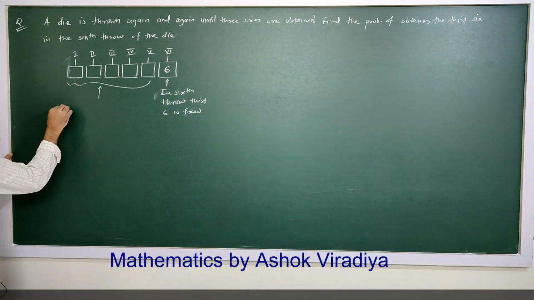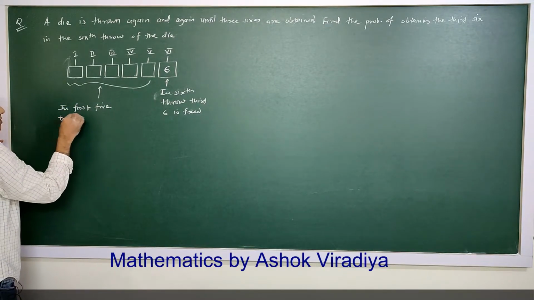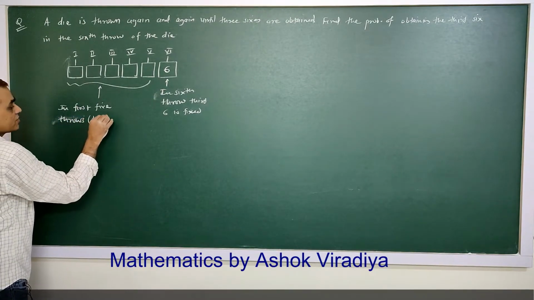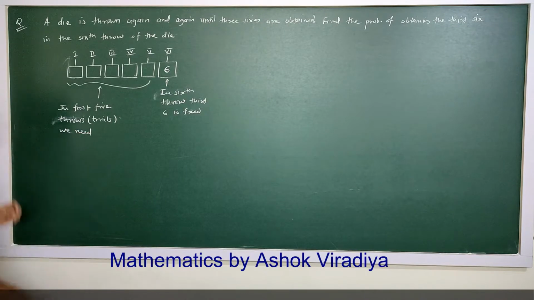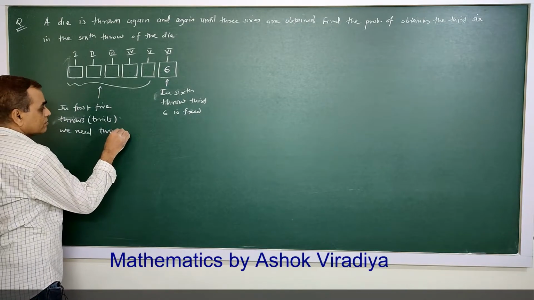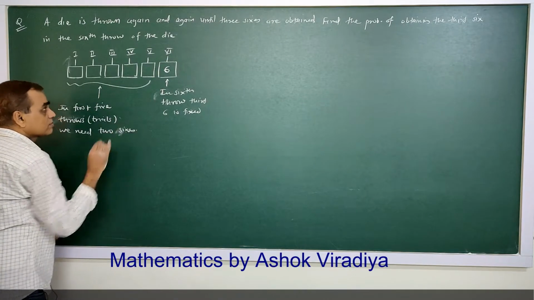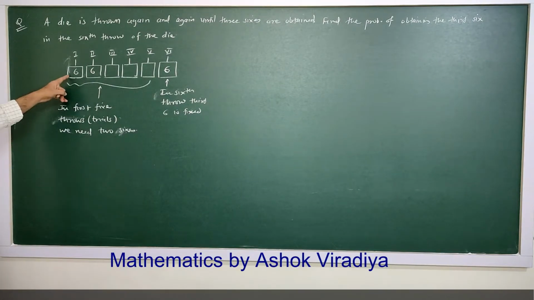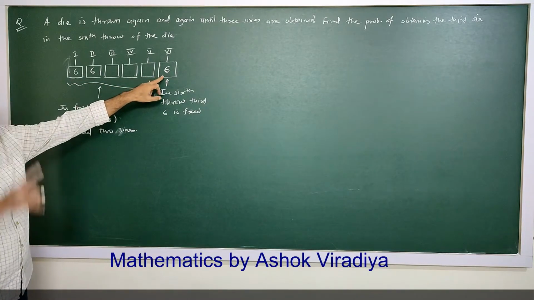So in first 5 trials we need 2 sixes. That means this is allowed: in first throw and second throw there are 2 sixes, then third 6 must be in 6th throw.